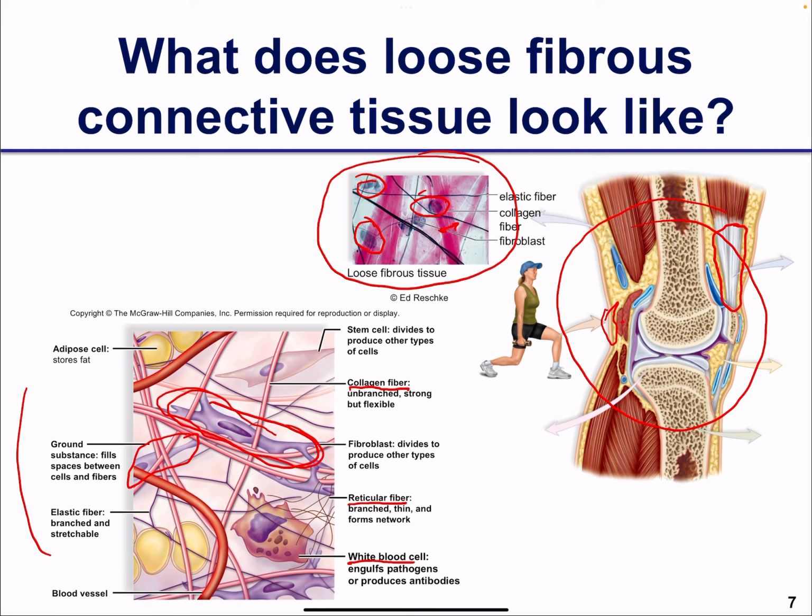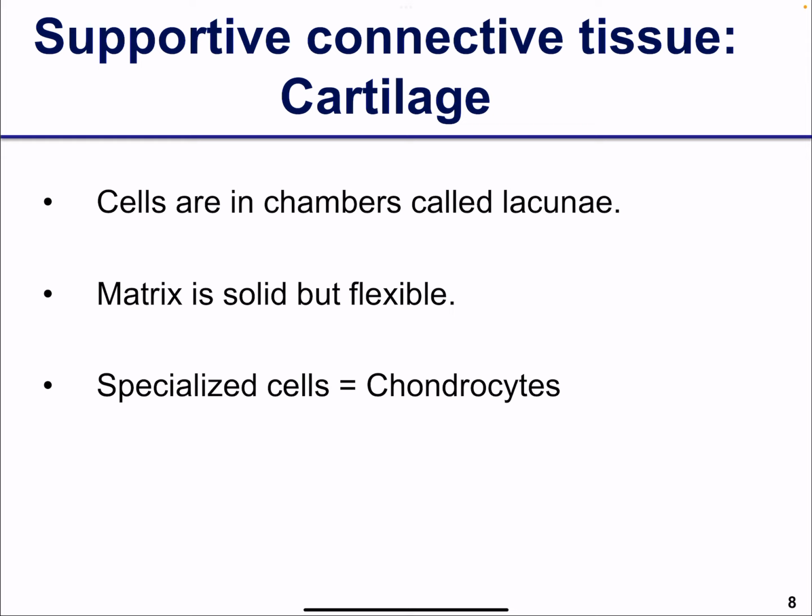So you're going to find dense connective tissue in tendons and in ligaments. That's where you're going to find primarily dense fibrous connective tissue. All right.